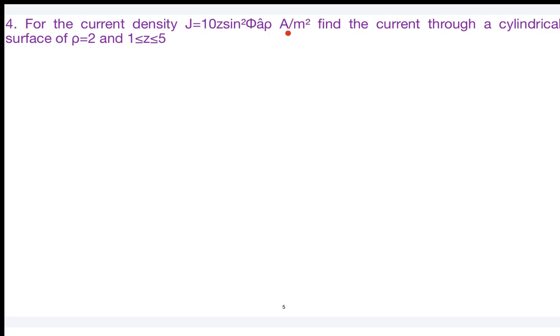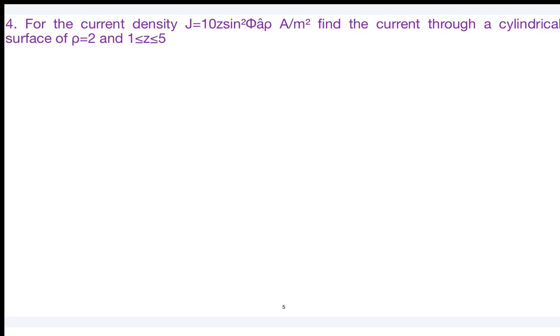Is it line current, surface current or volumetric current? Volumetric. Yes, volumetric, because the unit of this, ampere per meter square, is a volumetric current. So you know the current density distribution, and he is asking to find out the current through a cylindrical surface having rho equal to 2 and Z varying from 1 to 5.